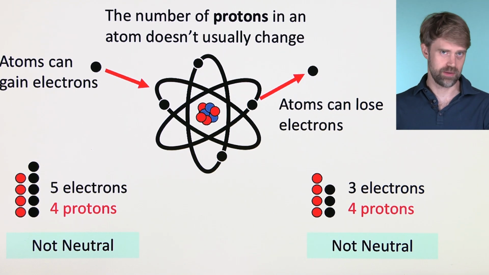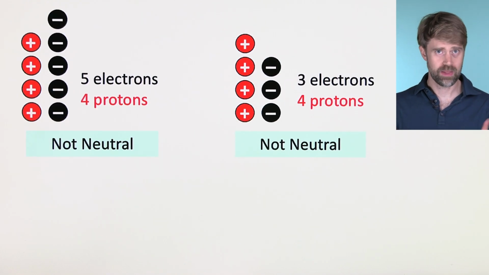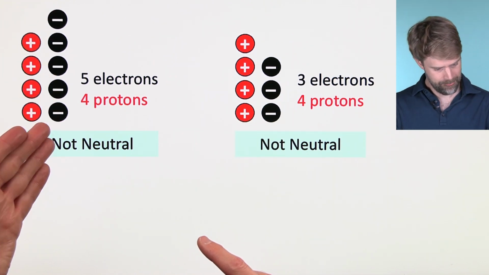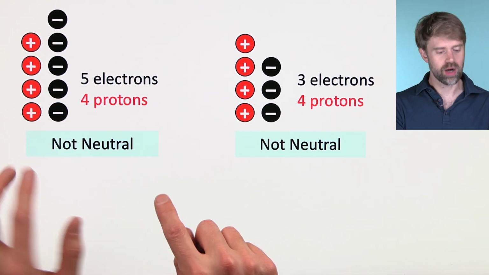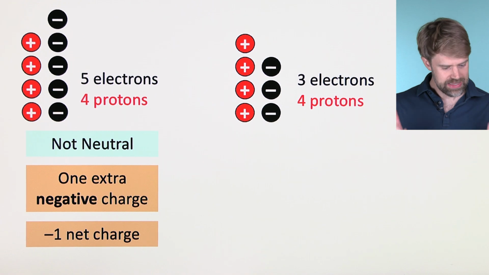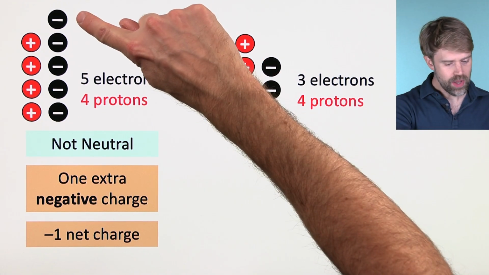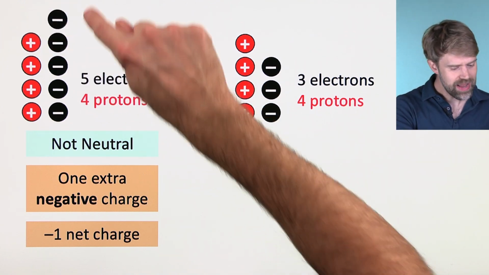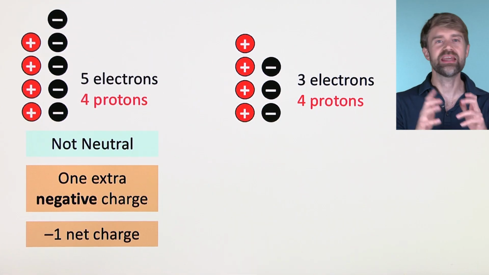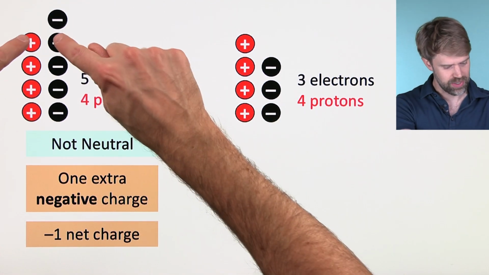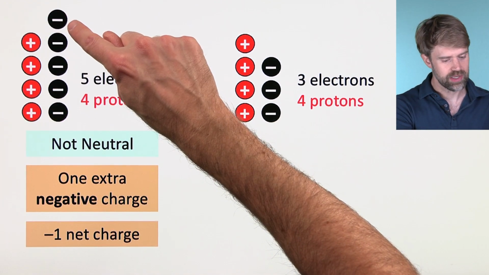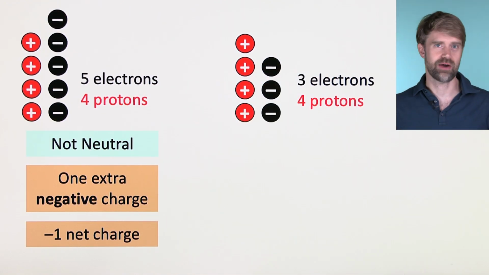But what are they? Well, remember that electrons are negative and protons are positive. Here we have 1 negatively charged electron that isn't getting balanced out by the protons, right? All of these are being balanced out equally, but we have 1 extra negative charge that's not getting balanced out.